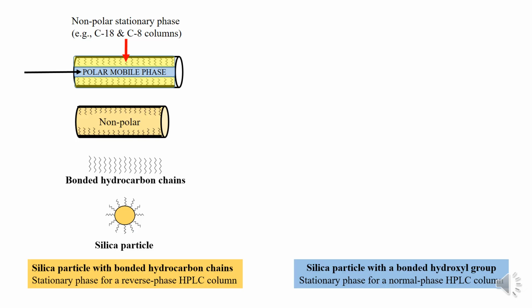And in case of normal phase HPLC column, the stationary phase is a silica particle with a bonded hydroxy group. Now here's the silica particle structure, where you see the silanol groups covalently bonded to the silica particle.